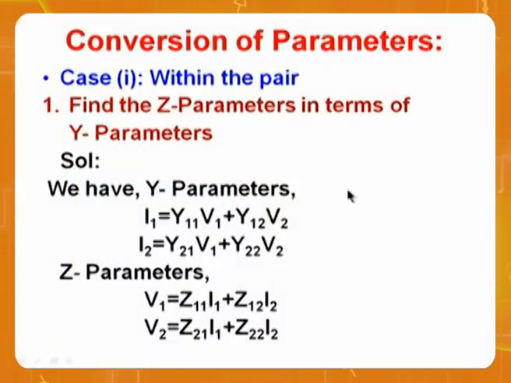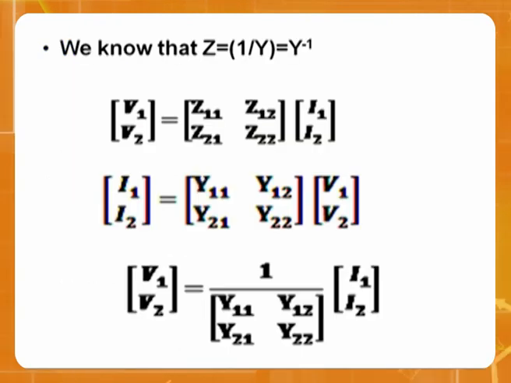For example, write the Y parameters as we defined. Write the Z parameters as we defined. After writing them, in matrix form, V1, V2 is Z parameters into I1, I2, and I1, I2 is Y parameters into V1, V2. So what can I do now? Suppose I want V1, V2 here, so this will go down.